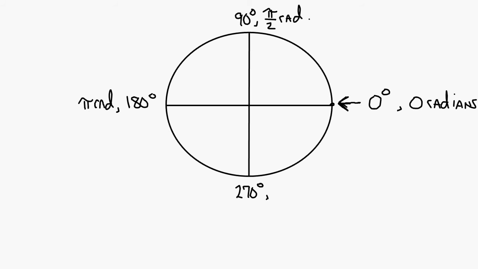Or 1.5. This is how you'll see it, though. You'll see it as 3 pi over 2 radians. All right, so there's kind of a visual of it on the circle. And then back here, we can call this point 0 degrees, and we can also call it 360 degrees. And we said it was 2 pi radians.